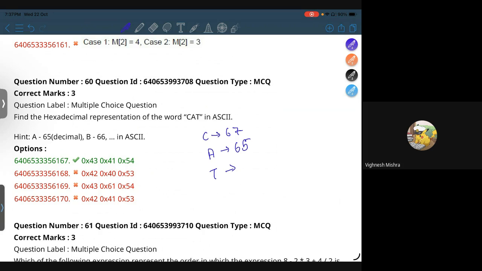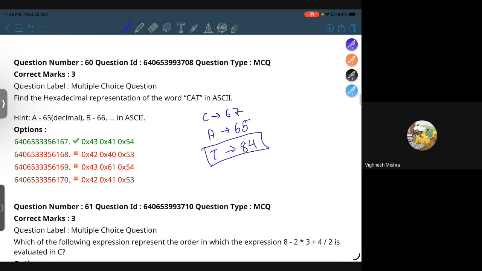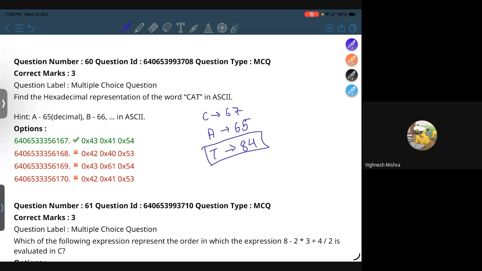I'll suggest that we first calculate the first two. Now let's represent the hexadecimal of 67.